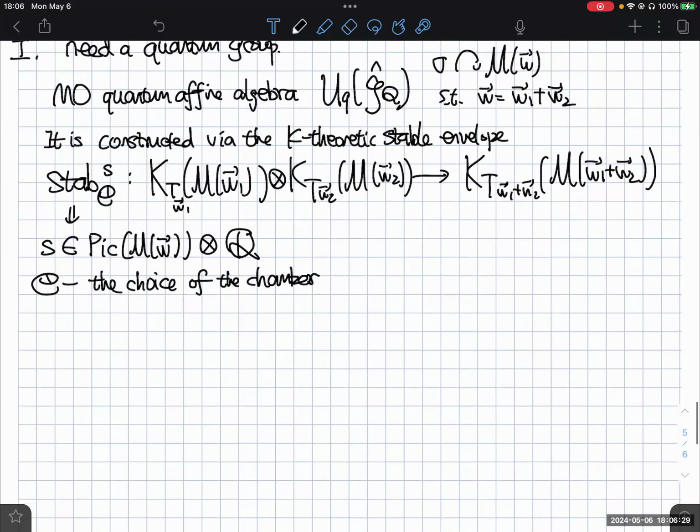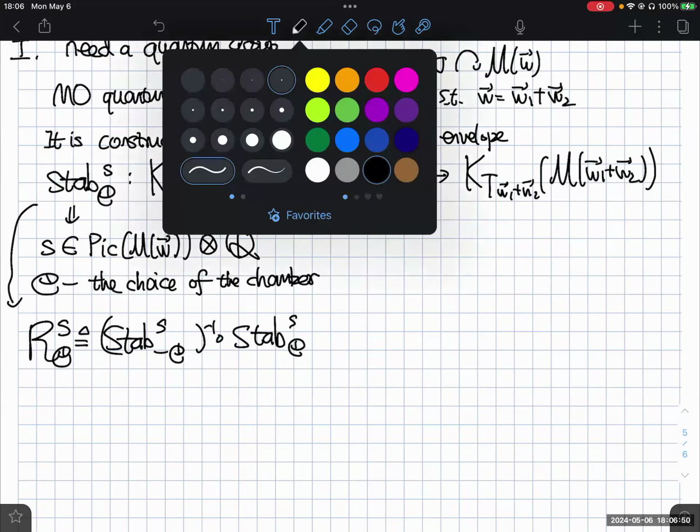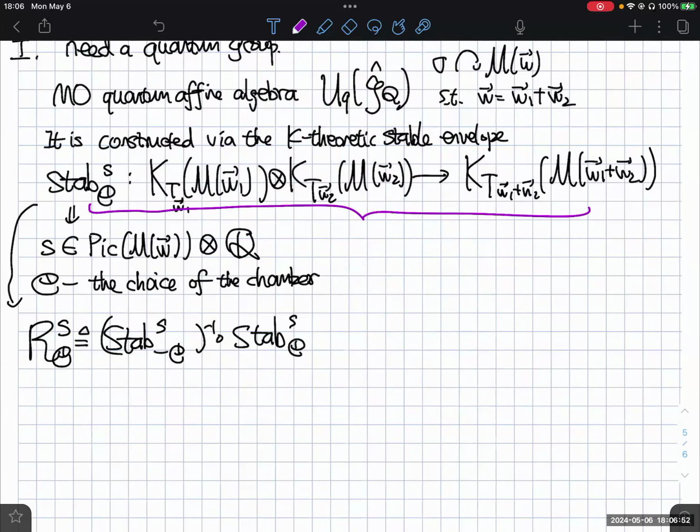Using this stable envelope, you can construct the geometric R matrix, which is defined here as the inverse of this. The basic thing about the stable envelope is that it is an isomorphism after localization.